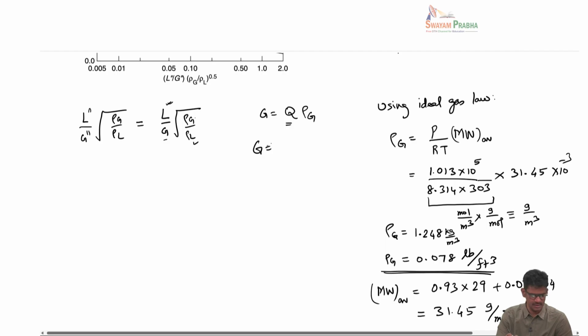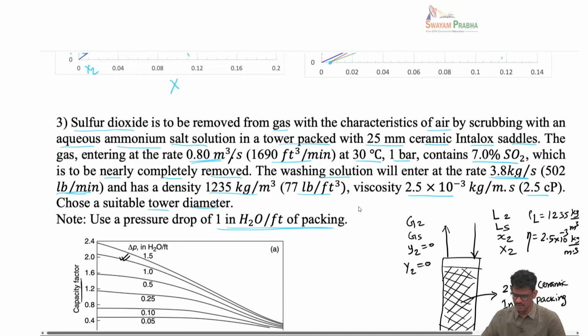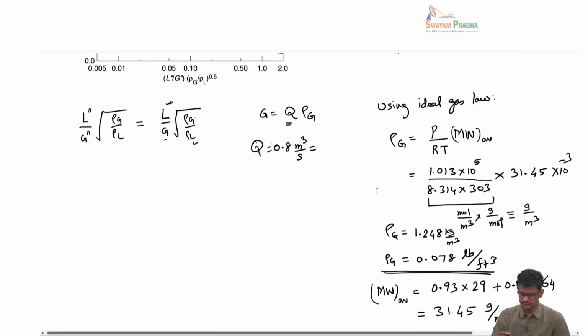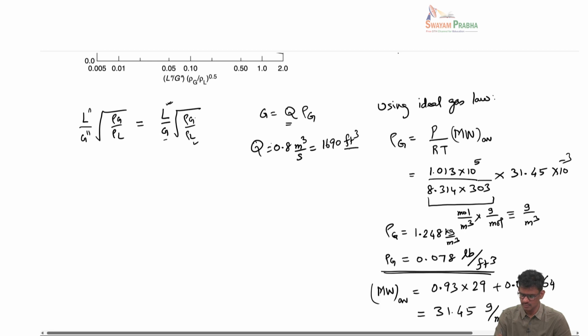Q is 0.8 meter cube per second, and it is also mentioned in terms of feet cube, 1960, but this is given per minute, so I'll divide by 60 to make it feet cube per second.